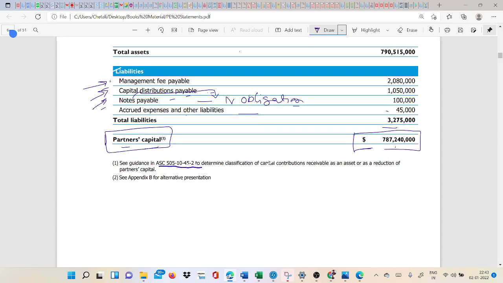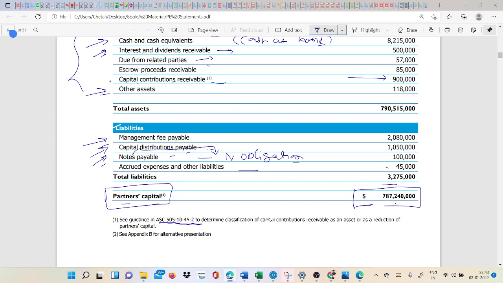Okay, so there is one very important point which I would like to highlight here. Most of the time you can expect questions on, if you have received a request for a subscription into the private equity fund, would that affect the per unit price, or maybe the per net asset value?